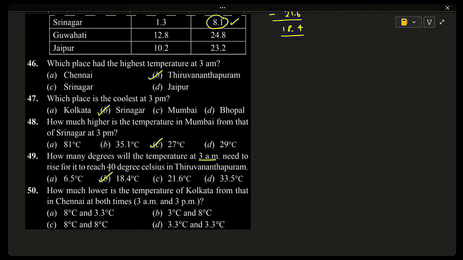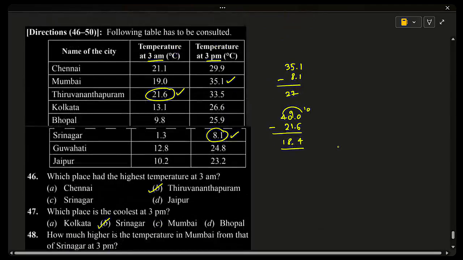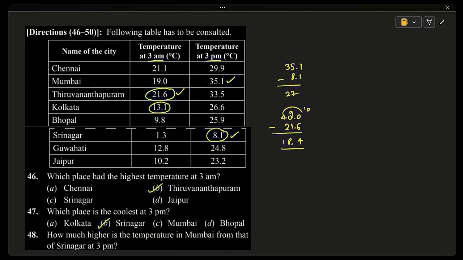Last question. How much lower is the temperature of Kolkata from that in Chennai at both times, 3 a.m. and 3 p.m.? Both we have to find separately. Kolkata compared to Chennai, both times. First, Kolkata 31.1 and Chennai 21.1. The difference is 21.1 minus 13.1, so it's going to be 8.